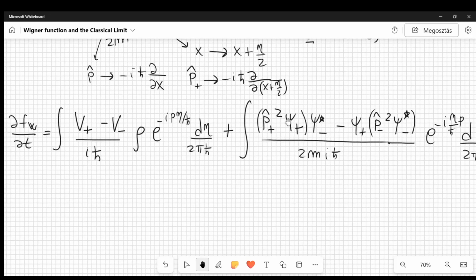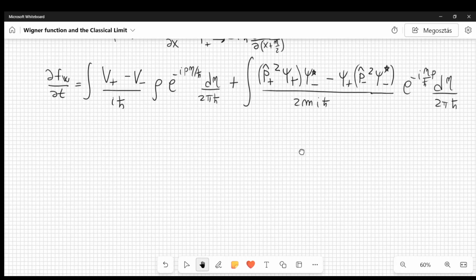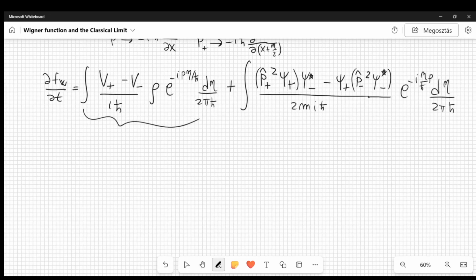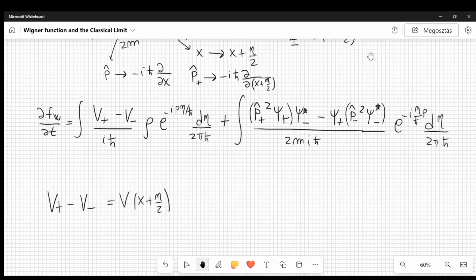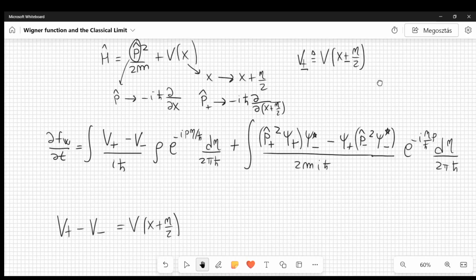Now the two integrals can be rewritten, that's what we want to do. In order to rewrite the first one, we want to rewrite this difference. So V plus minus V minus is equal by definition to V of x plus eta over 2. Of course, the potential in general might depend on time as well if we have non-conservative forces.